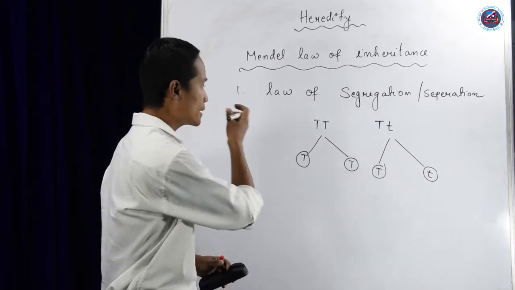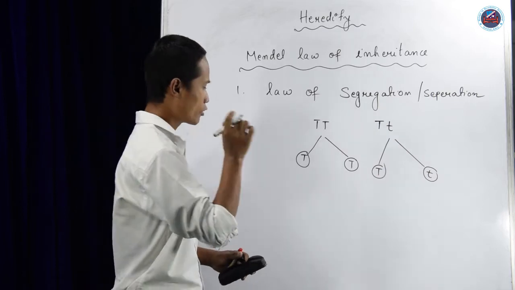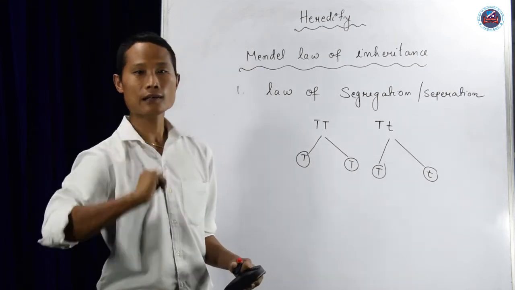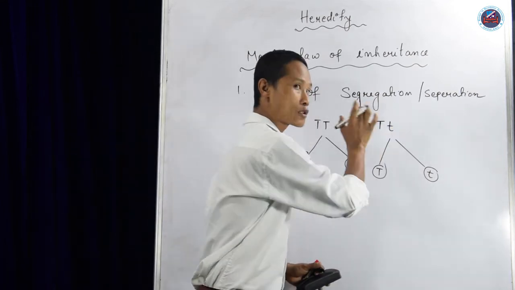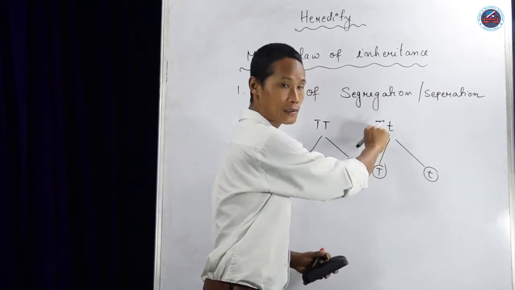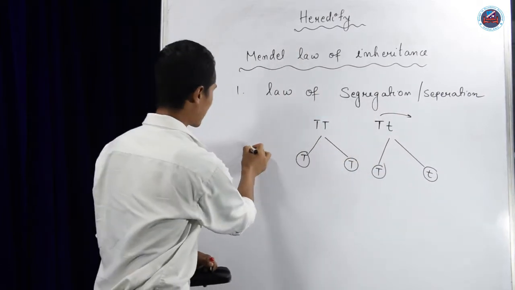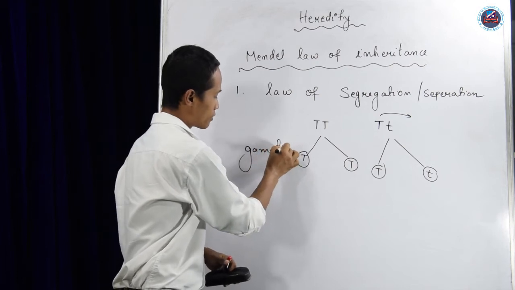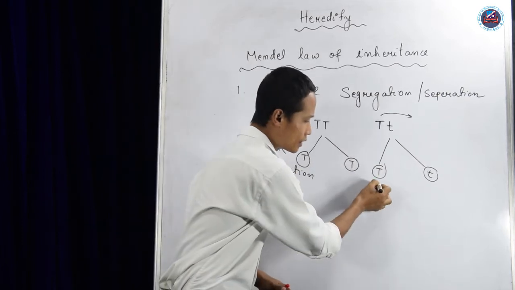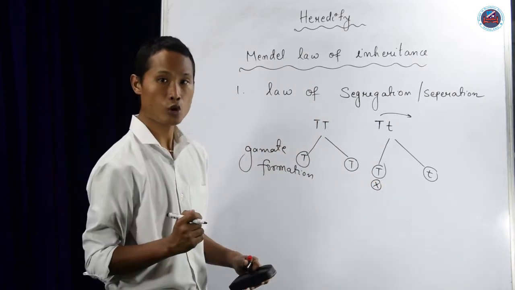Now, this plant is a tall plant, a homozygous dominant plant. We can see its allele is also capital T, a dominant allele. This other one is a tall plant, a heterozygous dominant plant, because T is dominant. You can see that during gamete formation, this capital T is dominant, so for that gamete it will be a pure tall plant.